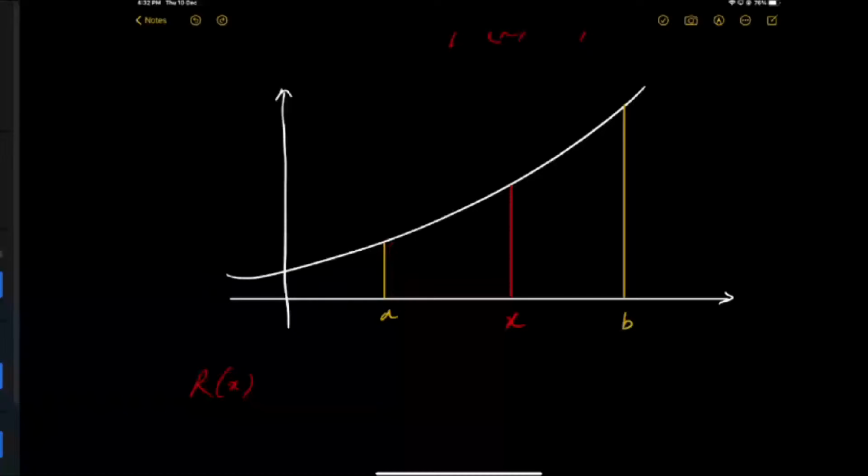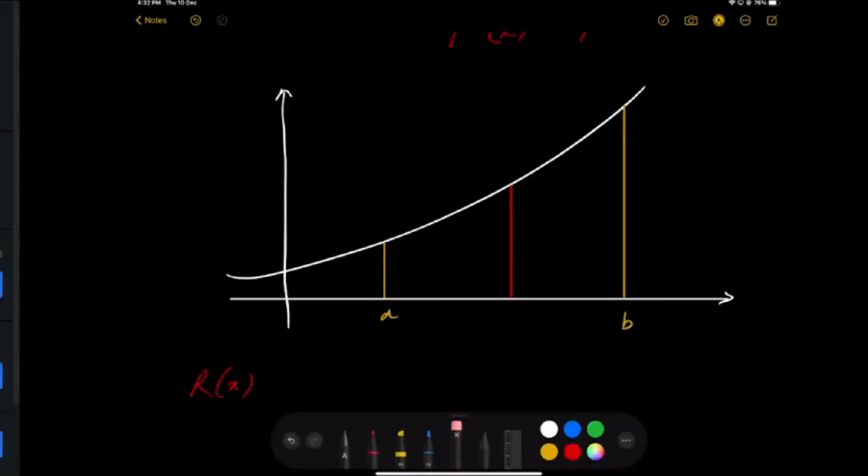So what is R of x plus dx? Let me just erase this and write it here. So this is x. If I write another line here, in the neighborhood, this is x plus dx. This yellow thing is dx, correct?